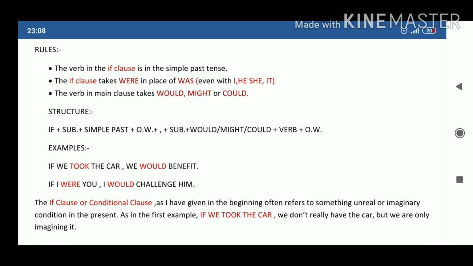You may write not also if your main clause is negative, after that the verb, and after that other words if you have.